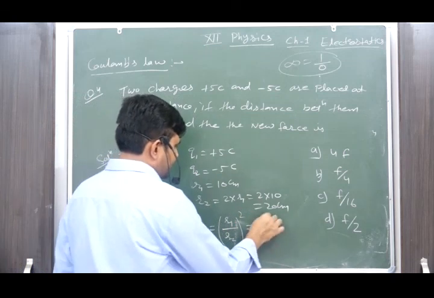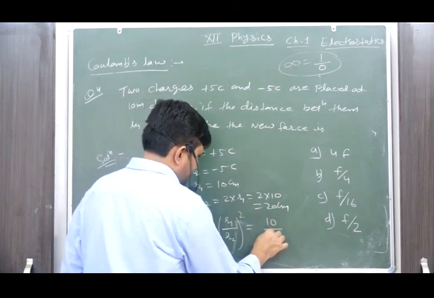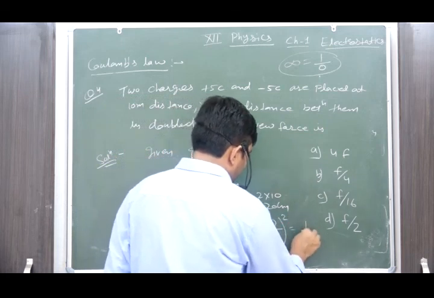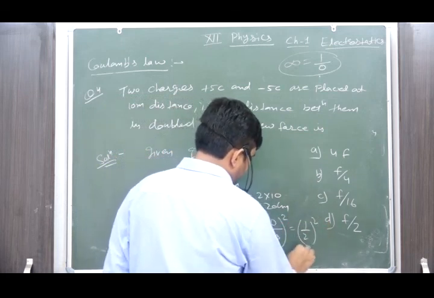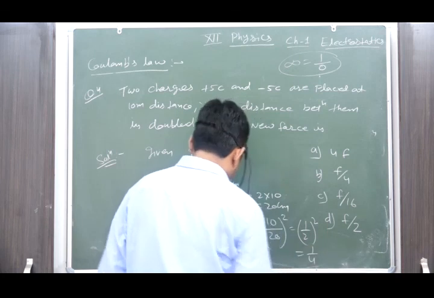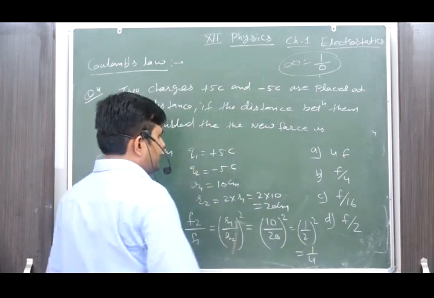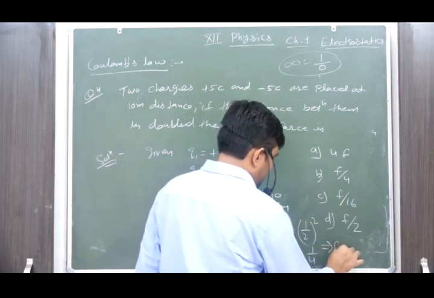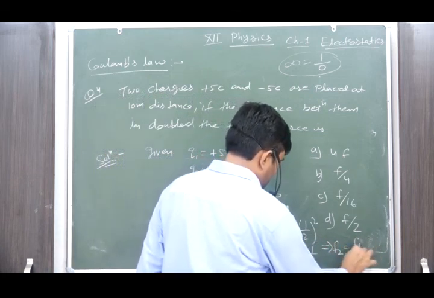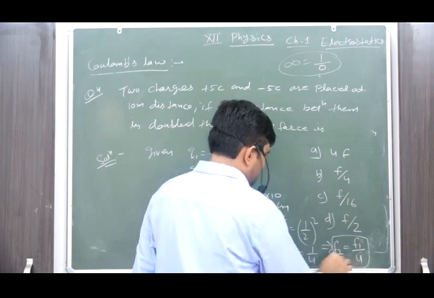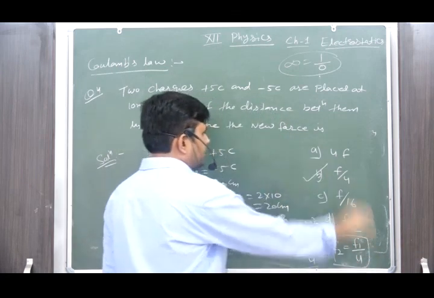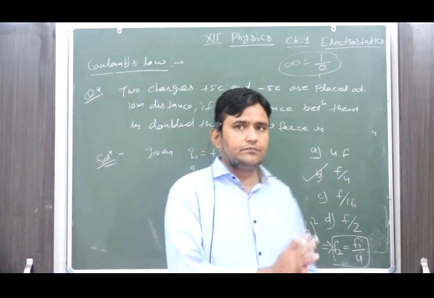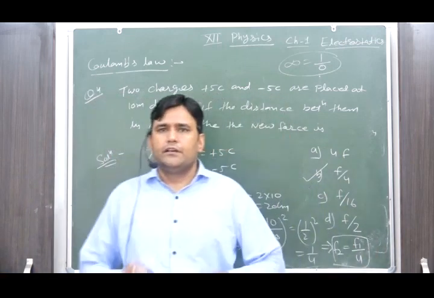With R1 as 10 and R2 as 20, it is 1 by 2 squared, which gives 1 by 4. Now F1 is cross multiplied and we get the final result F2 equal to F1 upon 4. So F by 4 is your answer. Is it clear? Okay.